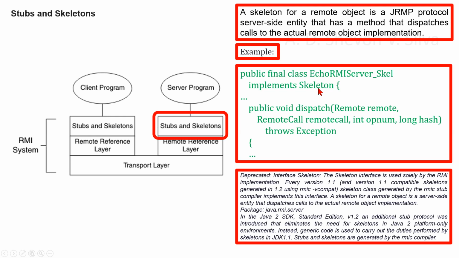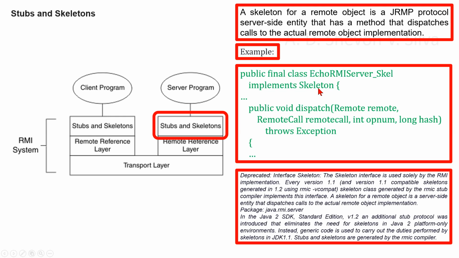Every version 1.1 and version 1.1 compatible skeleton generated in 1.2 using rmic -v1.1 compat. A skeleton class generated by the rmic stub compiler implements this interface.